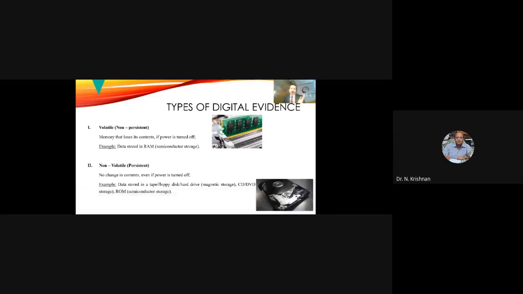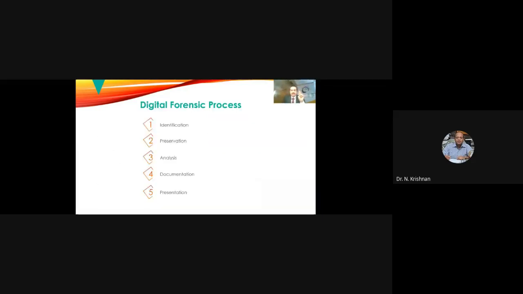However, non-volatile data is not sensitive to the power. That is, the data which is stored on permanent storage devices, the hard disk, the pen drive, all those things come under non-volatile data, which is not sensitive to the power supply. So these are the two major categories of types of digital evidence, participants.